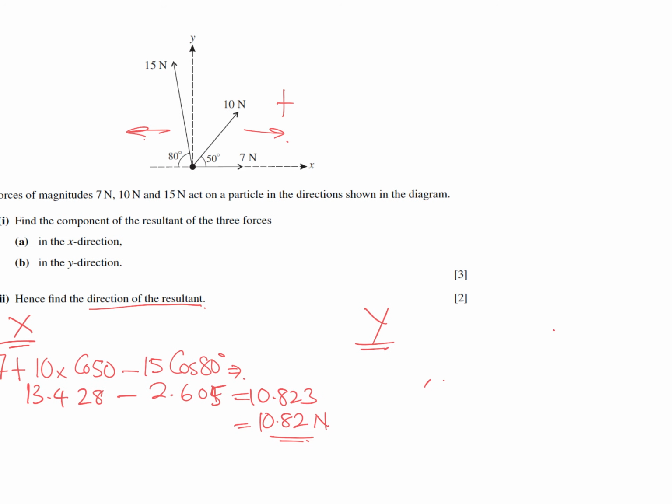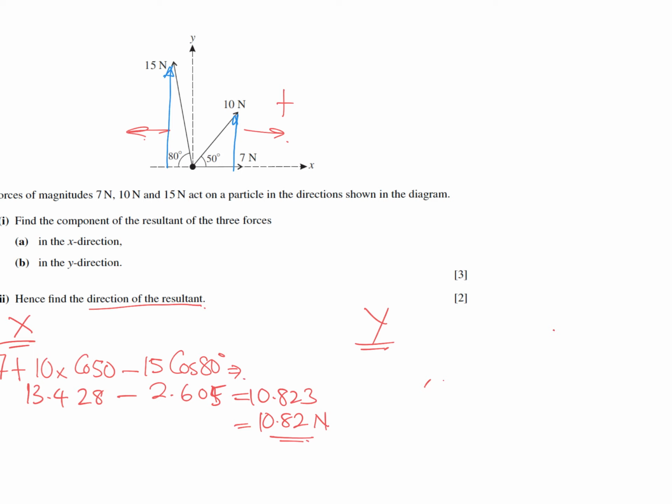Now let's look at the y direction. For the y direction I have a force that's acting upward, which we have to resolve, 10 Newton, and then you have another force, resolving forces, and those two add up to the force acting in the y direction.